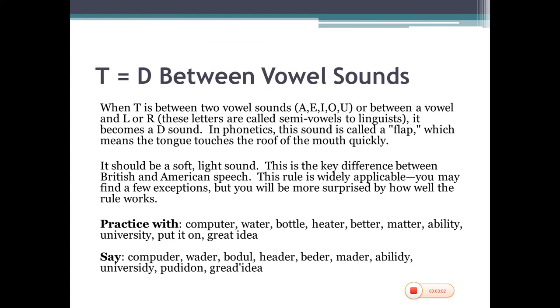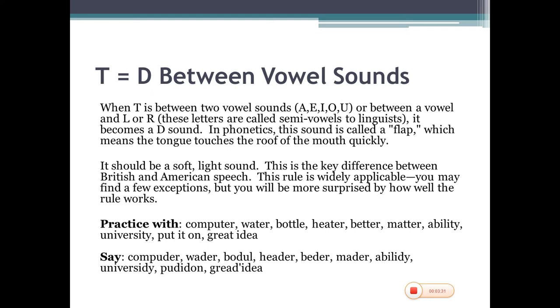Okay, when T is giving you a sound of D, remember one thing, it's not a complete D sound. D may be a hard sound to produce in the word, but T will give you sort of half D, I would say. And it's giving you a sound of D when it comes between vowel sounds. So let's learn.